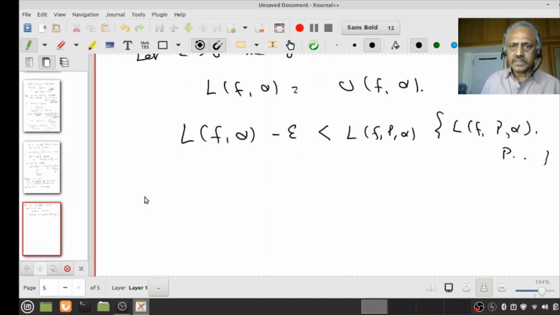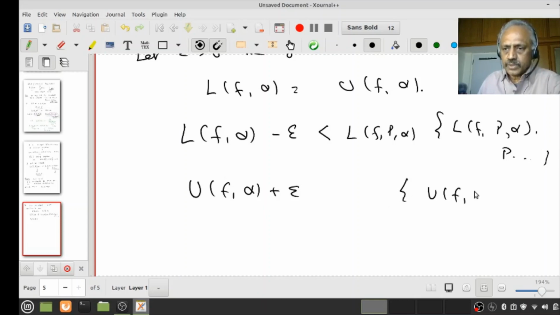And the same thing applies to Uf alpha now. Uf alpha is the GLB of some set. So how to exploit the GLB? GLB is the greatest lower bound, therefore anything greater than that will not be a lower bound. Therefore Uf alpha plus epsilon is not a lower bound for which set? For the set UfQ alpha.